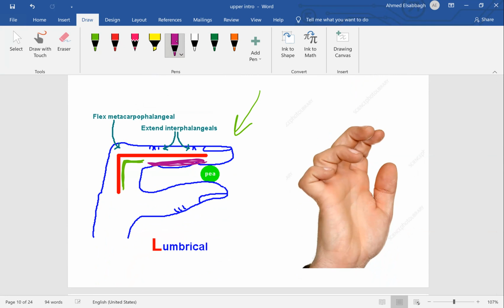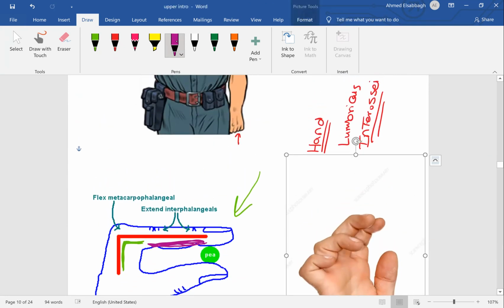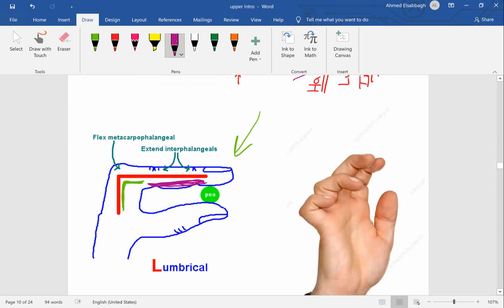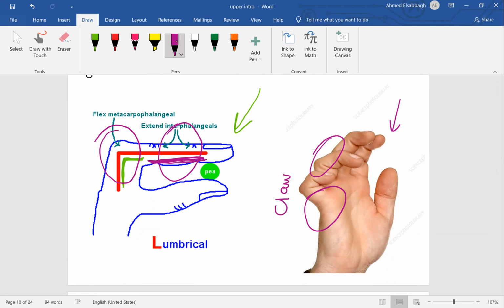Okay. In case of Klumpke paralysis, this action will be eliminated. So the reverse will happen. What is the reverse? There will be extension in this joint, the metacarpophalangeal joint, and flexion in this joint, the interphalangeal joint. So we will face this deformity, which is called claw hand.